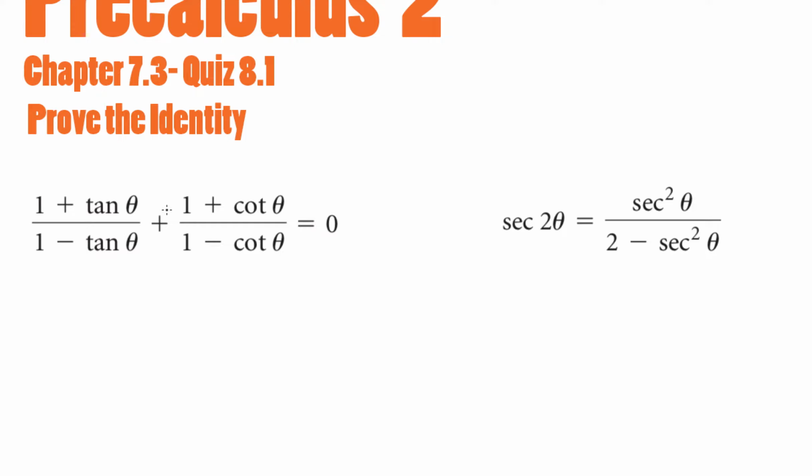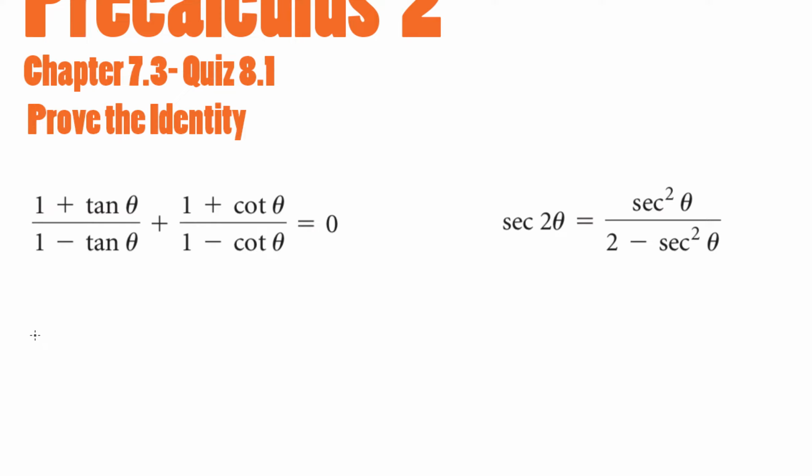Now, before I even find a common denominator, I like to work with sines and cosines instead of tangents and cotangents. Why is that? Well, there are more identities related to sine and cosine than there are for tangent and cotangent. So, in my opinion, I would attack this problem by making tangent and cotangent into sines and cosines.